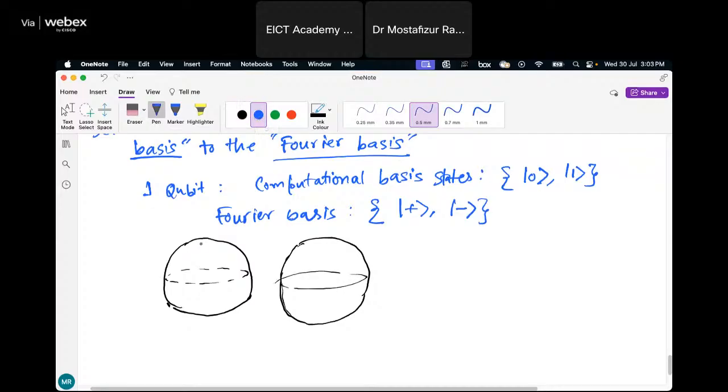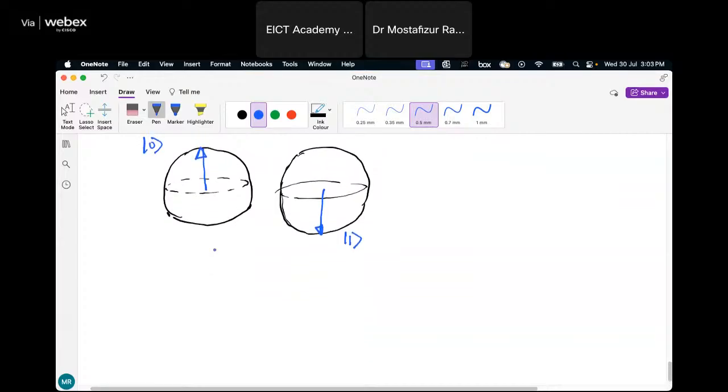So this is the zero vector, ket zero state, and this is the one vector, ket one state, pointing to the south pole, and this is to the north pole, right? And this is basically a representation of the original basis, ket x. Ket x is sometimes ket 0 and sometimes ket 1, right?